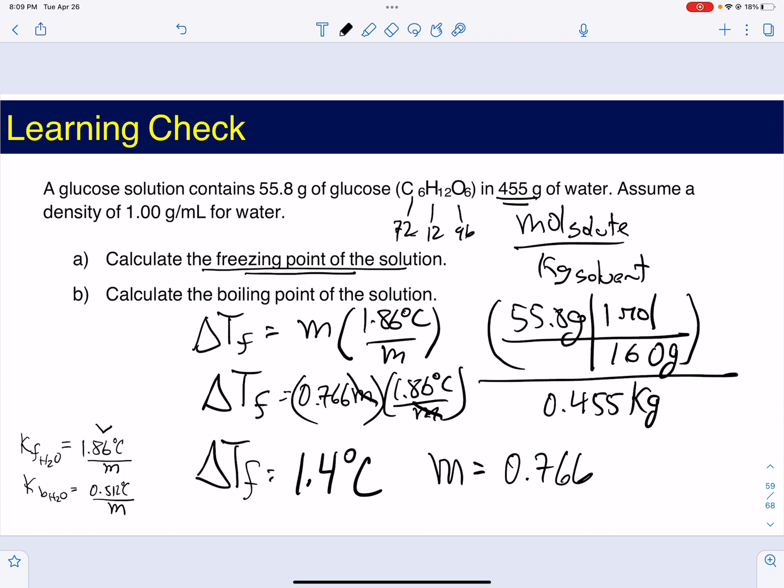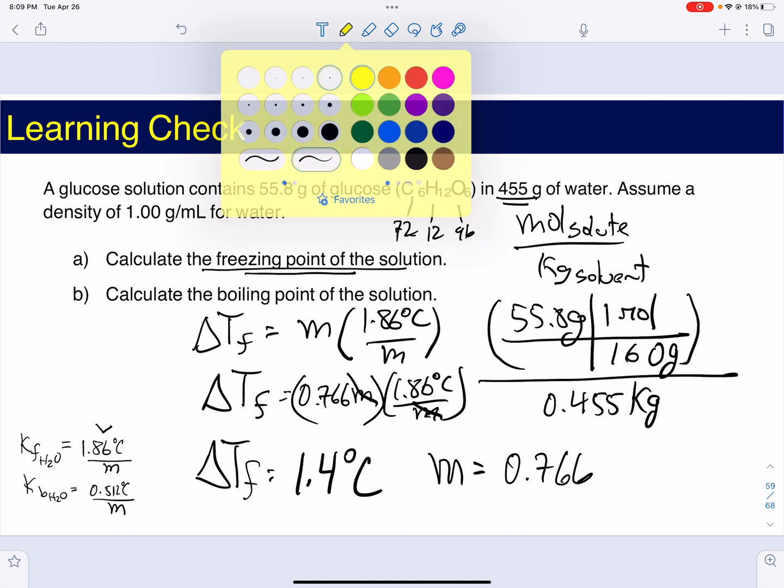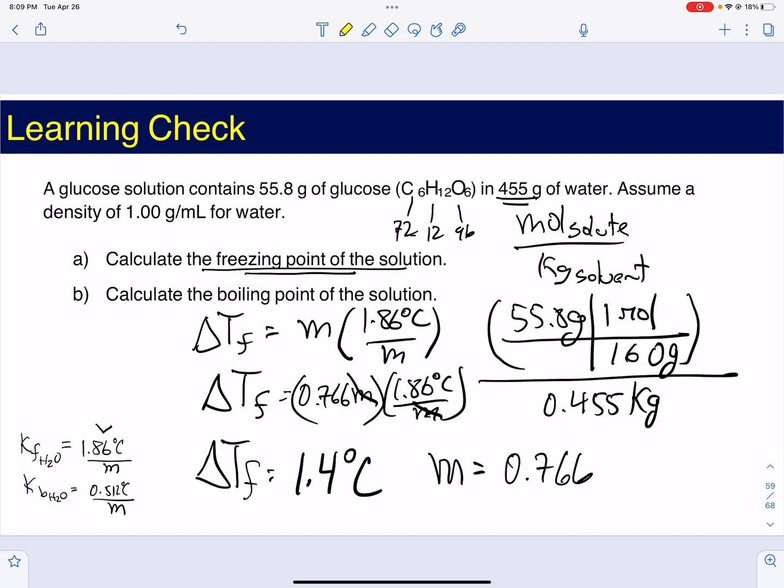So the problem wasn't asking for the change in freezing. The problem was asking for the freezing point of the solution. Well, we know that the freezing point of water is 0 degrees Celsius, but now we have a solution, and it's going to change by 1.4. And I told you that the freezing point is going to get lower, so the freezing point of this solution is going to be negative 1.4 degrees Celsius.